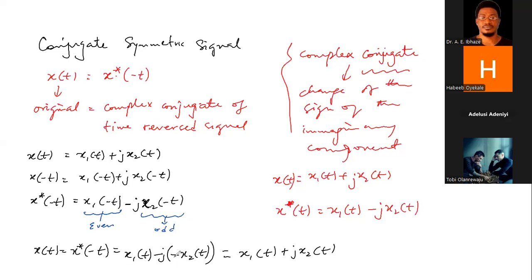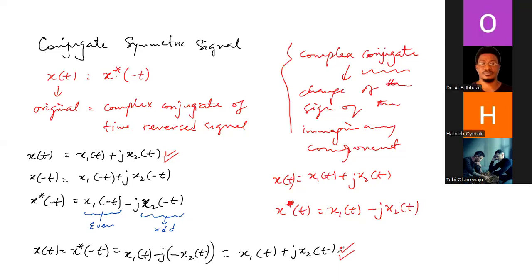So the original signal is the same as this. Hence, this is a conjugate symmetric signal.